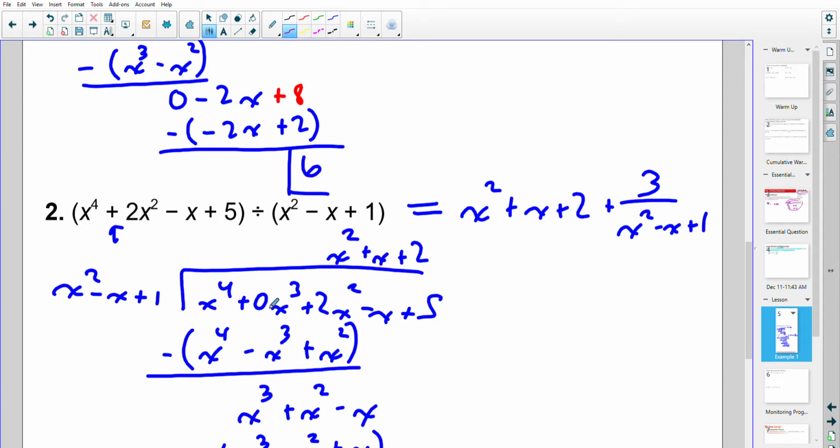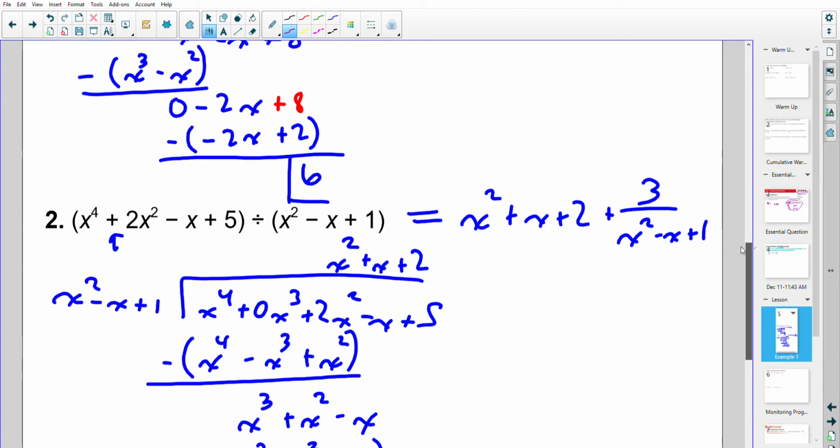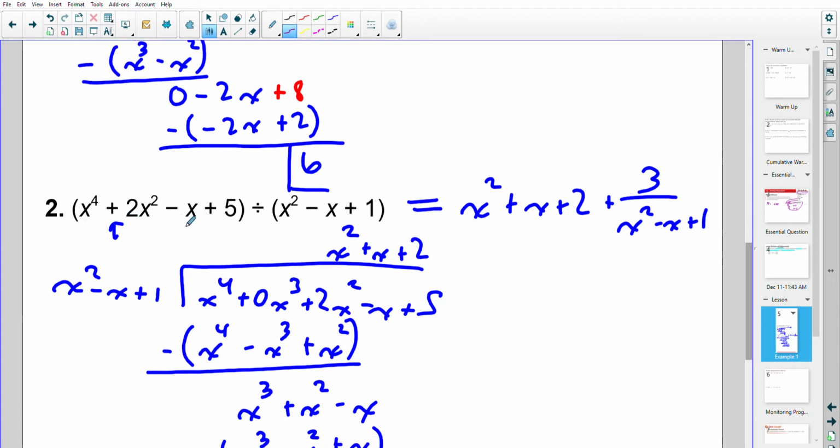There's no cubic term, so I'm going to put 0x cubed in as a placeholder to keep things nice and orderly. That's a real popular test question, which leaves out a term, and you have to put in a placeholder. Also remember that if you don't have a constant term here, you're going to want to put a 0 term in here as well.